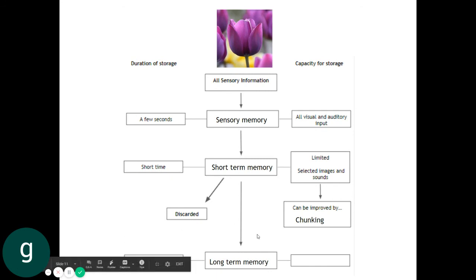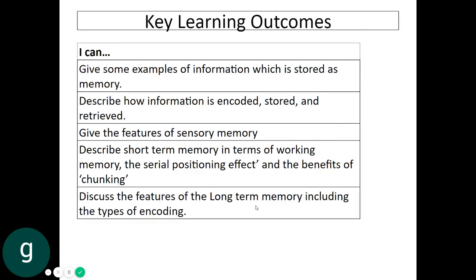Long-term memory has an unlimited capacity for storage. We can embed things quite well into long-term memory through elaboration and organization, and to some extent through shallow encoding, so rehearsal. Hopefully, we understand the key learning outcomes that we aimed for at the start of this video. If you're having any problems with this content, please ask your teacher for help.